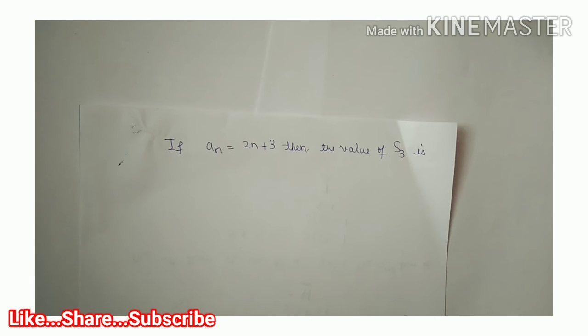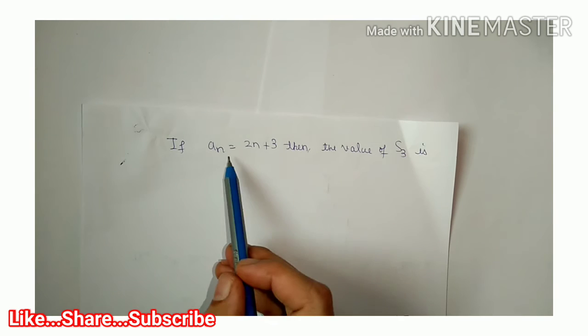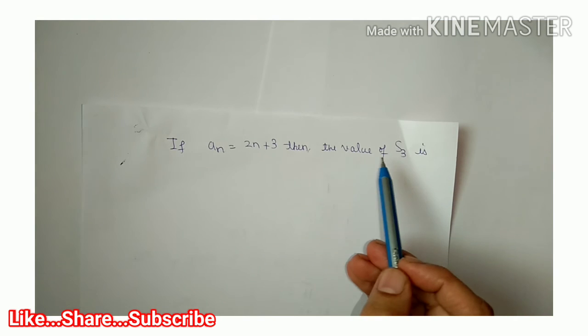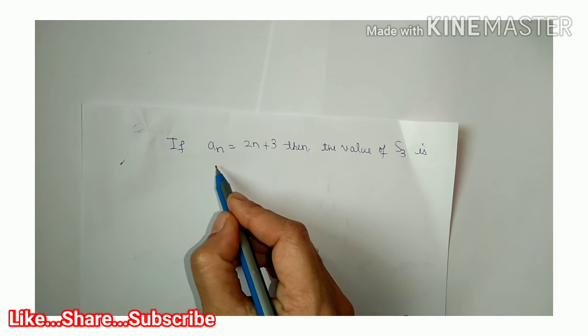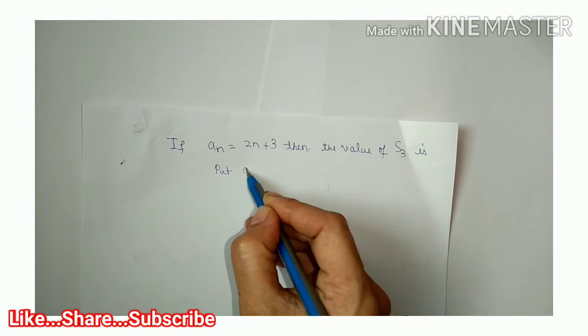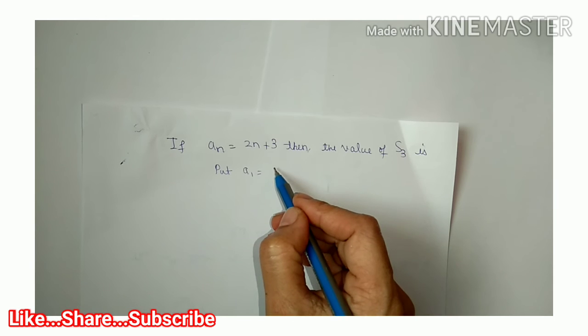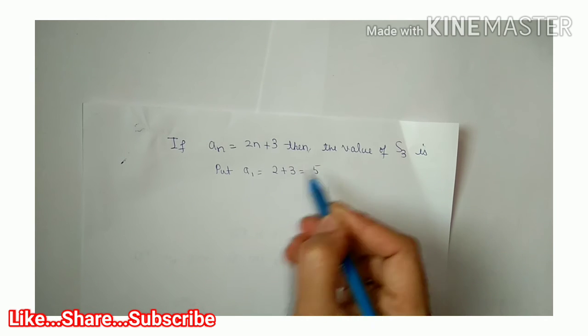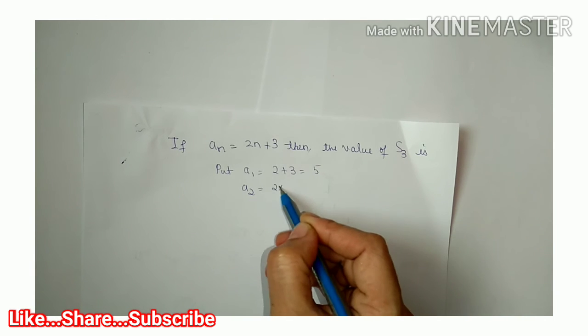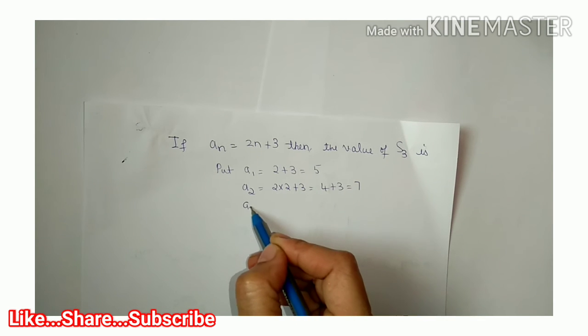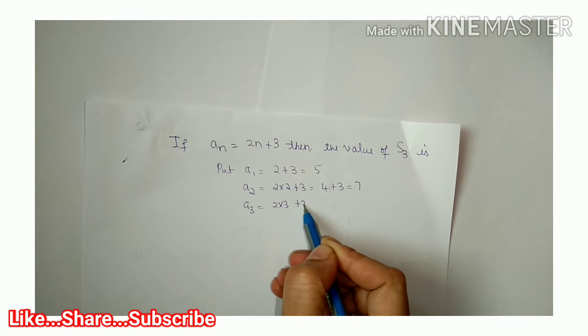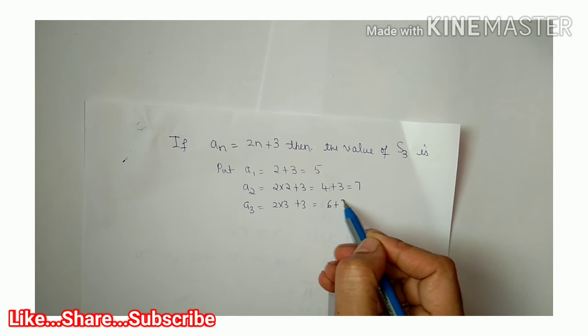Next example, if an is equal to 2n plus 3, then the value of S3 is. Here given an is equal to 2n plus 3, we have to find S3, the sum of 3 terms. Therefore, put n equal to 1, we need the first 3 terms. a1 is 2 plus 3, 5. a2 is 2 into 2 plus 3, 4 plus 3, 7. a3 is 2 into 3 plus 3, 6 plus 3, 9.